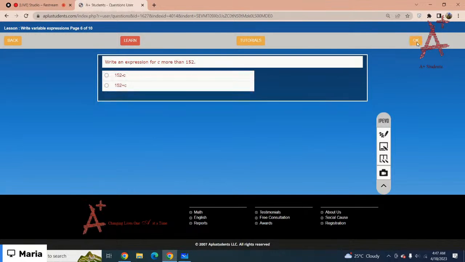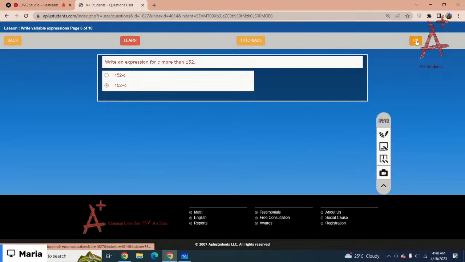Okay, the next one is write an expression for c more than 152. So which is the correct option? C more than, that means you have to add. It would be 152 plus c.